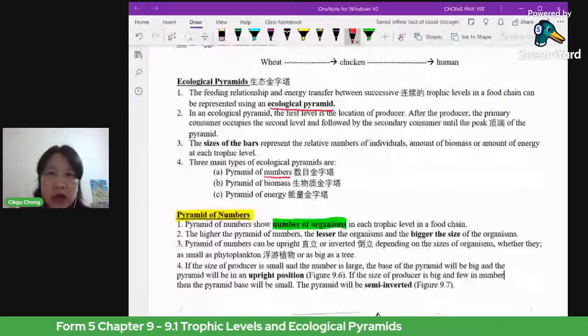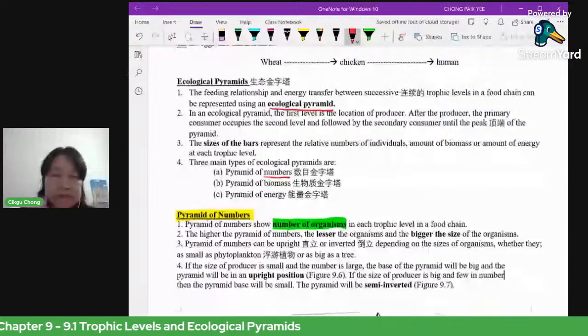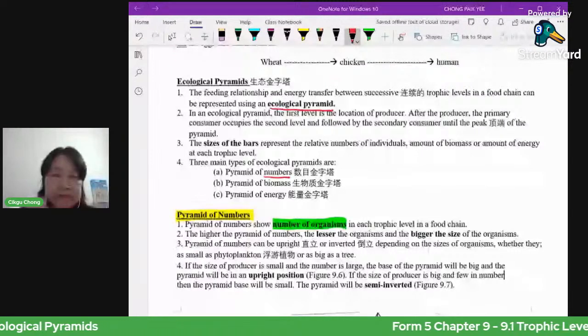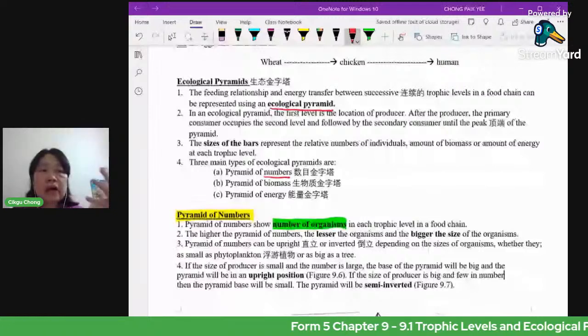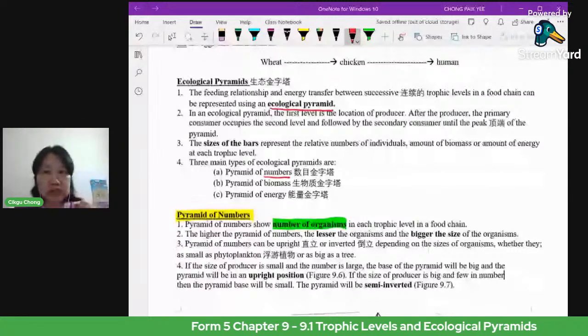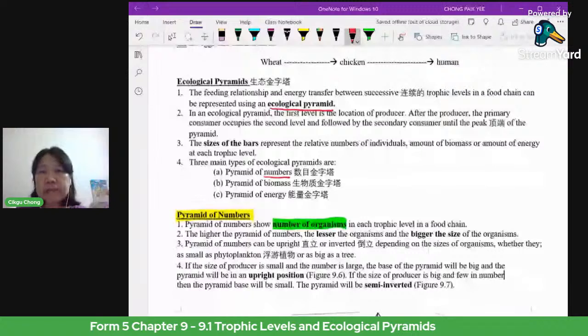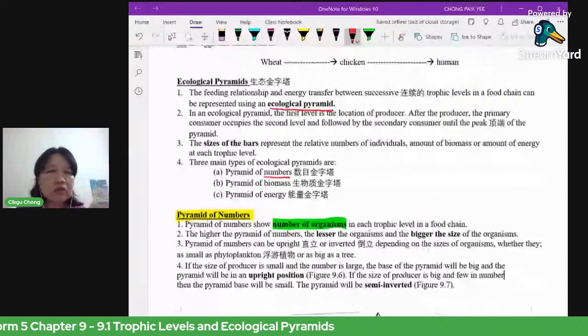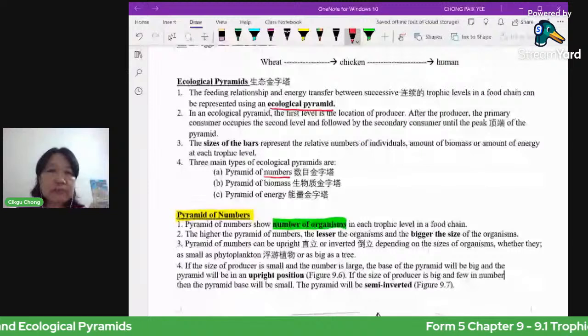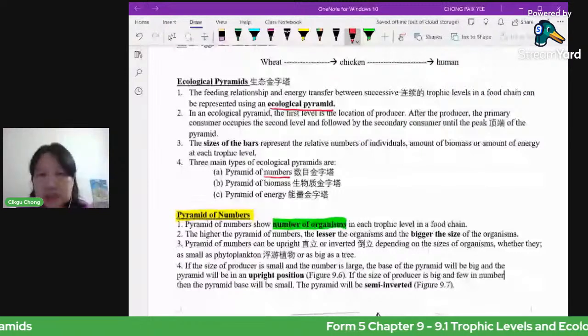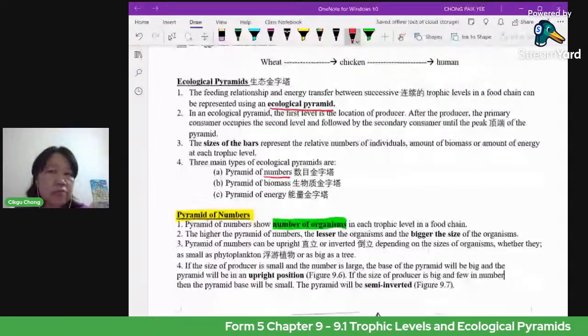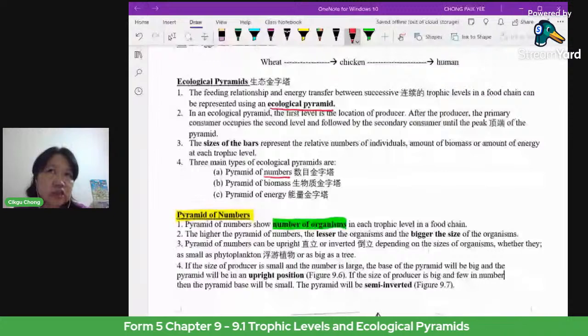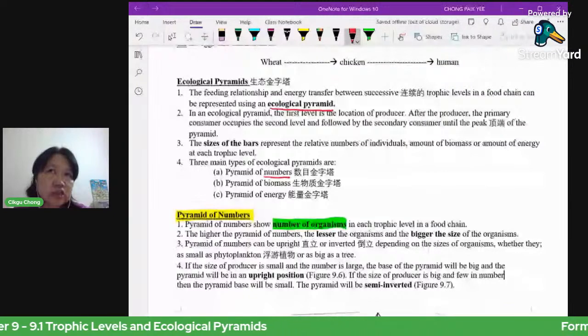Okay. The next one is the pyramid of biomass. Now, what is biomass? Biomass refers to the amount of tissue in the body of the organism. That is the biomass. And how do you get biomass? Actually, you have to look at the dry mass. Dry mass, of course, has its complications. You learned it in your Form 4, I think, in the chapter on growth. There are 2 parameters. One is normal mass, where you just weigh the organism together with the water and everything.